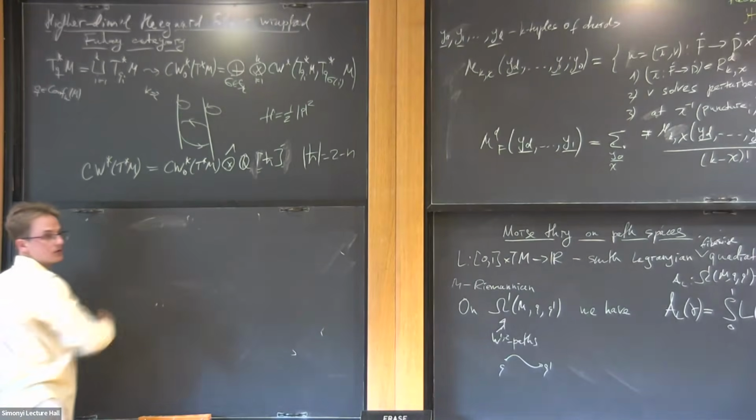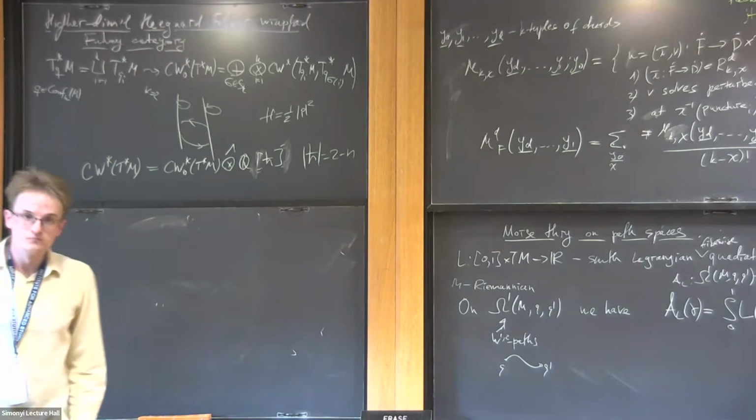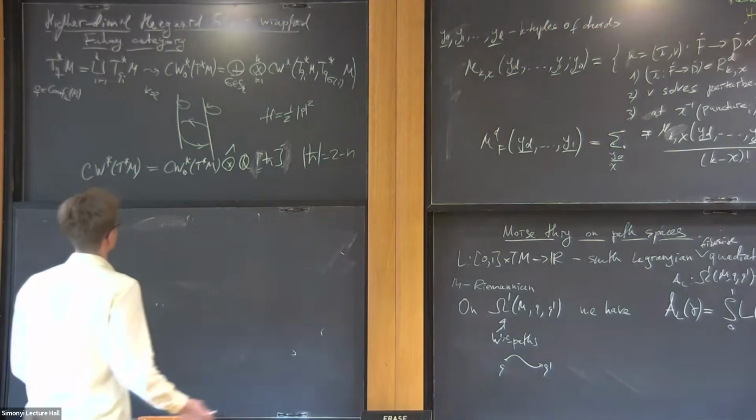So can I ask a question about the branching point? So you said the moduli space only has simple branching points. Yes. You have to compactify. Yes. Okay. So you will tell us how that looks in the path space. Yes. Okay. Thank you.